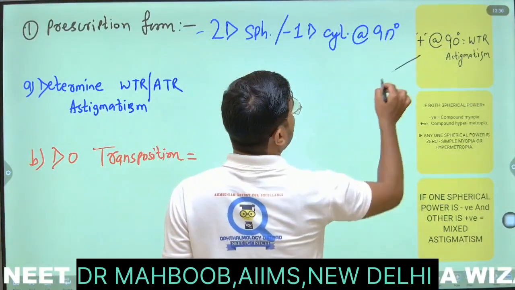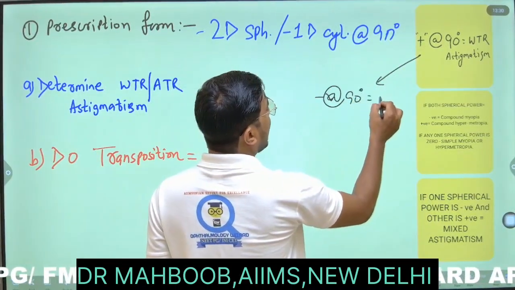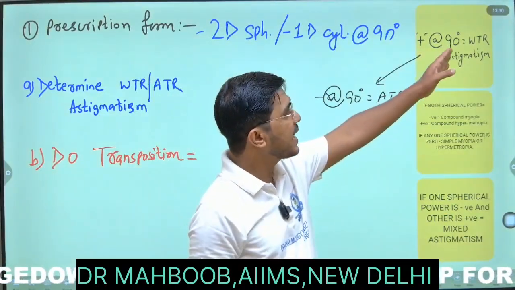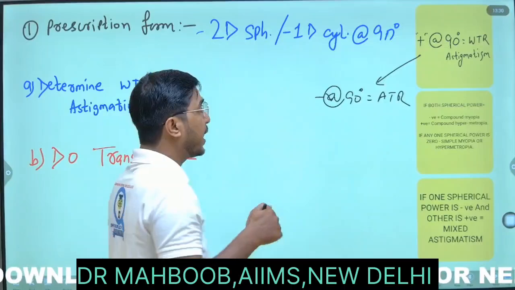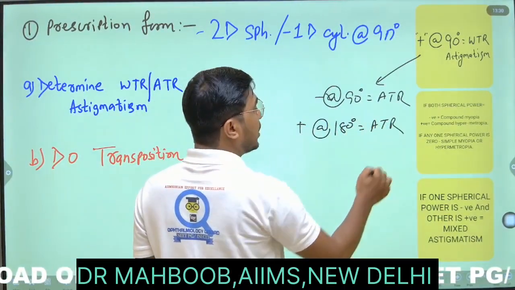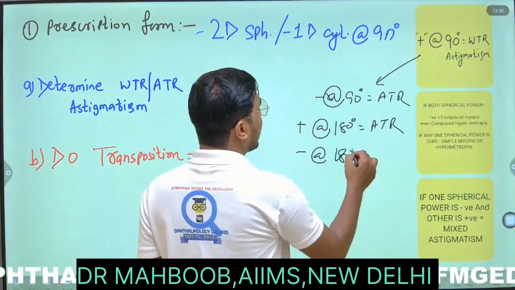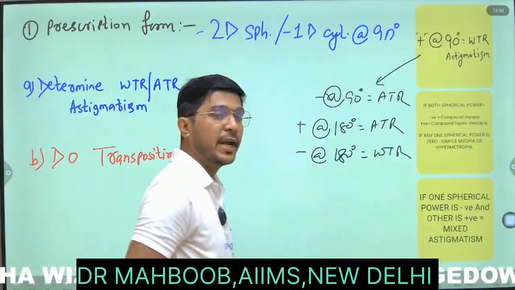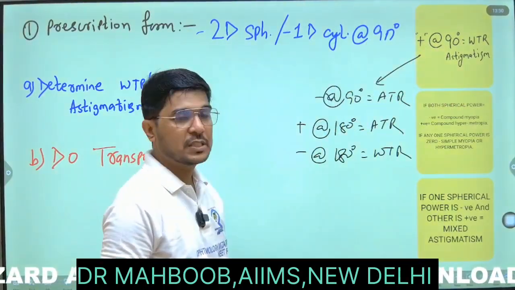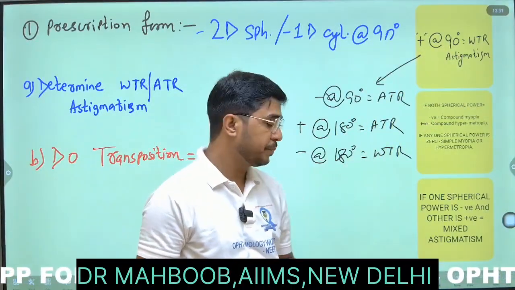That means minus at 90 degree will be against the rule, and vice versa. Again, if plus at 90 degree is with the rule, plus at 180 degree will be against the rule, and vice versa. Similarly, minus at 180 degree is with the rule. If you know this one point only, you can derive all the others. Plus at 90 degree is with the rule astigmatism, you have to remember.